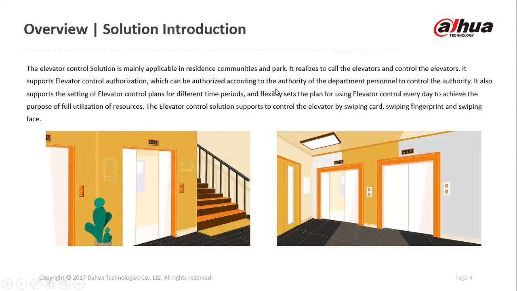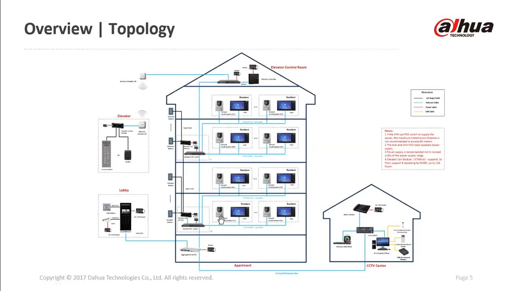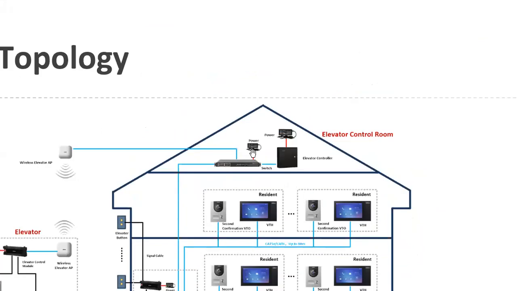So the topology is as follows. The elevator control solution is implemented like this. At this point this is the lift room, the top of the building where the lift resides, so this is the control room or machine room for the lift.